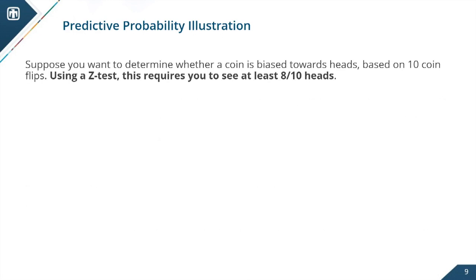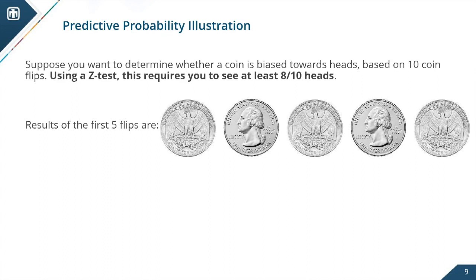All right, so consider a different scenario where you observe this in your first 5 flips. You observe 2 heads during your first 5. Well, in this scenario, there is no possibility that you can observe 8 out of 10 heads. Even though you've only seen half of your data, you will not be able to reject your null hypothesis. So at this point, you might wonder, is it even worth it to collect the remaining data?